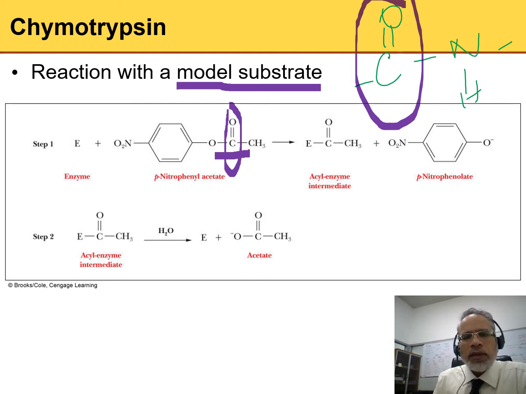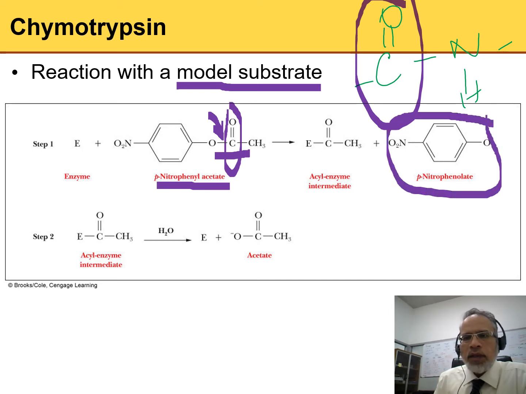What they found is that if you take this substrate, which is called para-nitrophenyl acetate, a model substrate, and you put the enzyme in it, the enzyme breaks it down right here. It cuts it, thinking that this is a peptide bond, and it gives you one half, which is this para-nitrophenolate.